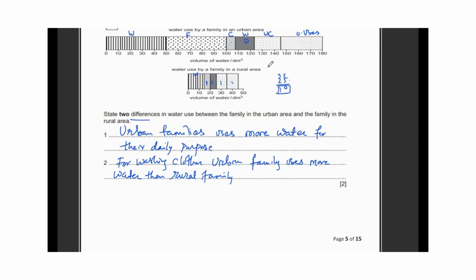This is only 10%, whereas this one, if you see 125 and 145, shall we make it? Okay, now 0 here 2. So you can see they are using 20 times more water. So washing clothes in urban families uses more water than rural family, by 20 times the volume of water, per dm cube. This is what we can mention here. So two differences are done.